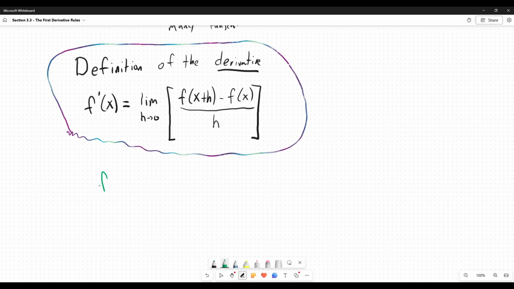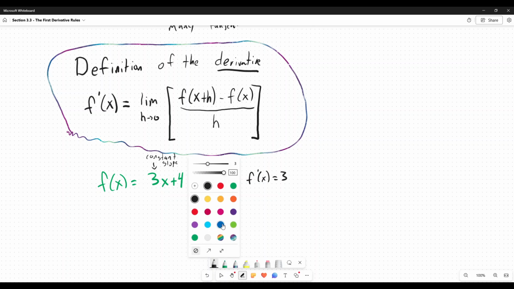So let's say I define f of x to be 3x plus 4. Now, I hope you all know that f prime of x is 3, because reminder, this has a constant slope, and if you know what the slope is, you know what the tangent line is. But we want to go back and use this definition to see if we can come up with the same idea.